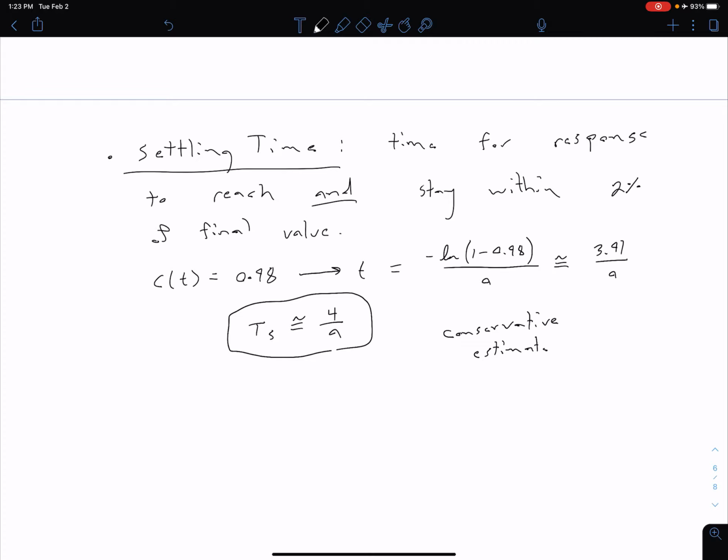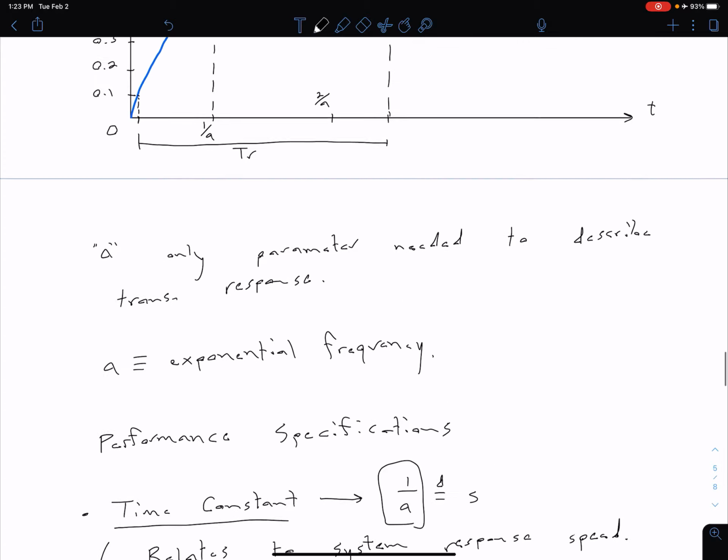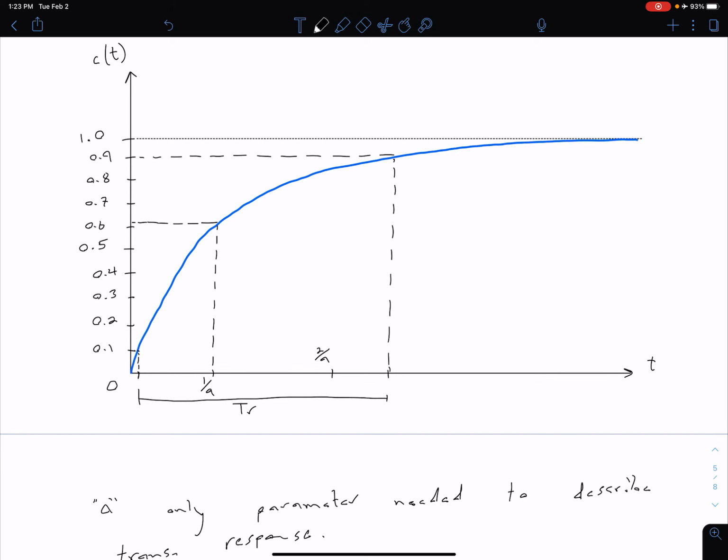Okay, so let's update our plot. Again, not necessarily drawn to scale, but let's say about here is our 0.98 or 98%. So we get something about here would be our 4 over a, again with our conservative estimate.